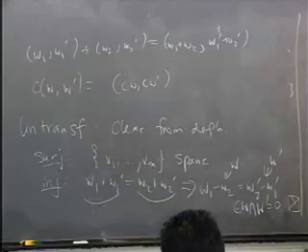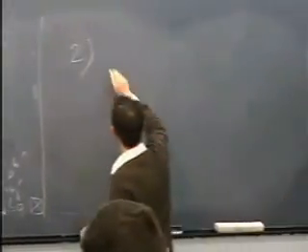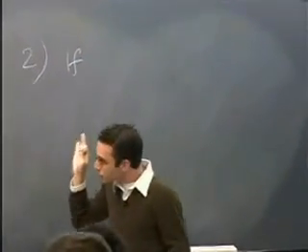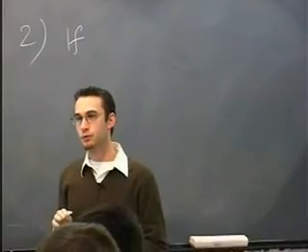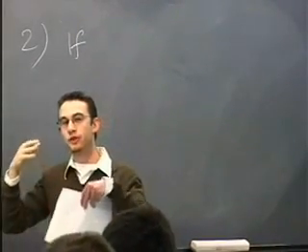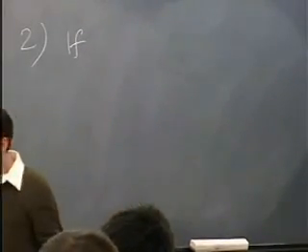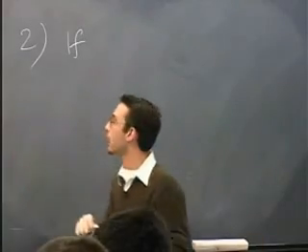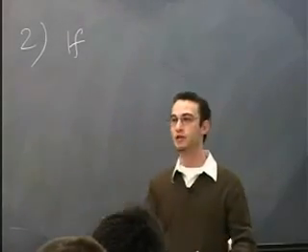Second consequence. So now let's forget about the notation we introduced before. We're just going to start with maybe the same vector space V, but we're not going to have W defined as before. We're just going to let W be some subspace.